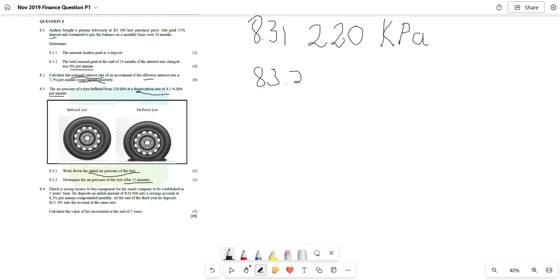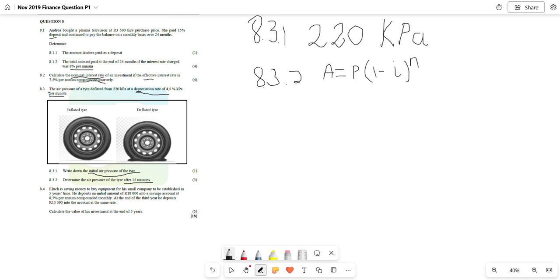There was no indication here whether the tire depreciates on a straight line or on a reducing balance, so learners, use the reducing balance formula: A equals P in bracket 1 minus i close bracket all to the power of n.